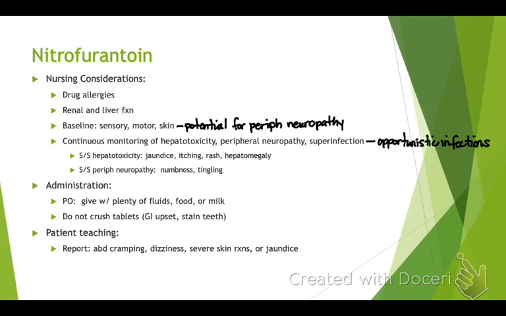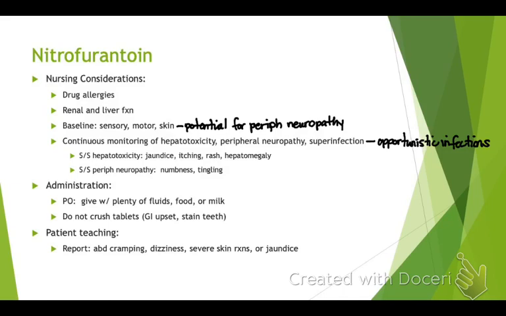Nursing considerations that we need to remember: any drug allergies, specifically to nitrofurantoin, and renal and liver function. You want to have a baseline sensory, motor, and skin, so that we're looking for any potential for peripheral neuropathy.